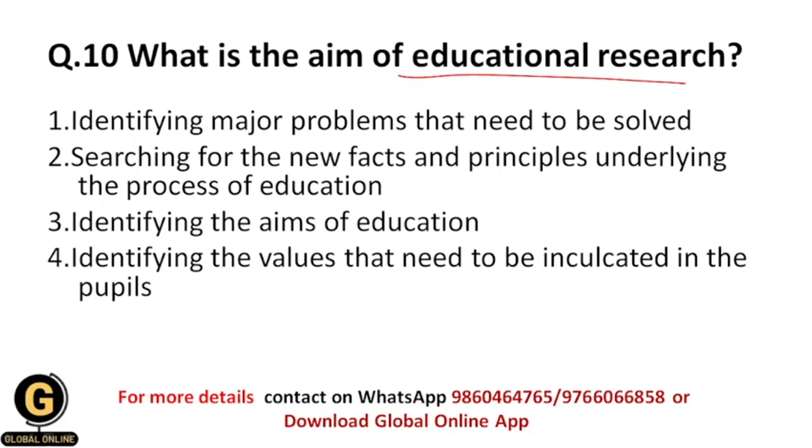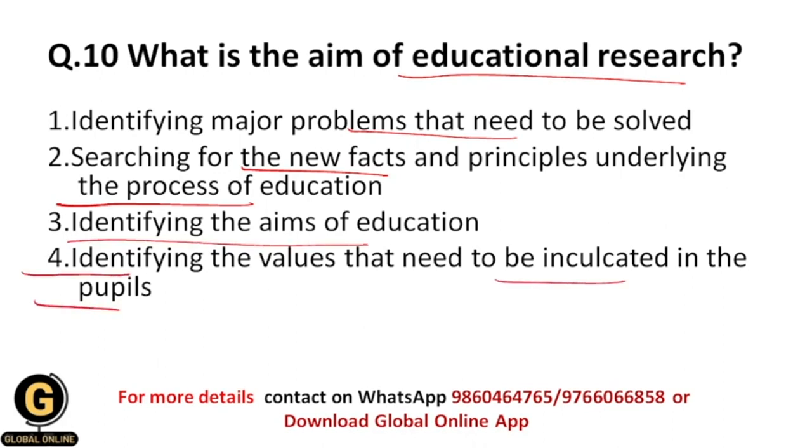Basically identifying major problems that need to be solved, searching for new facts and principles underlying the process of education, identifying the aims of education, identifying the values that need to be inculcated in the pupils. So this is educational research, and the aims should be in the educational field, right?